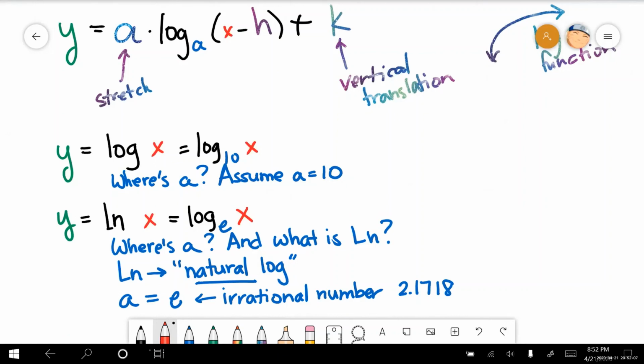So in our next video, we'll be looking at some log properties, just as we did with the properties of exponents. And again, we'll be able to see how those two things are related and why they're so necessary to learn together.